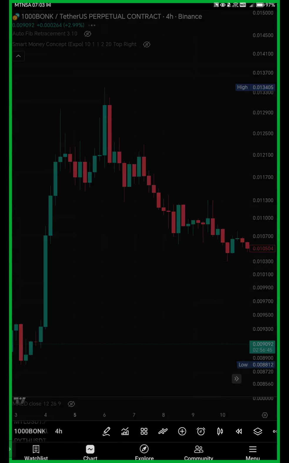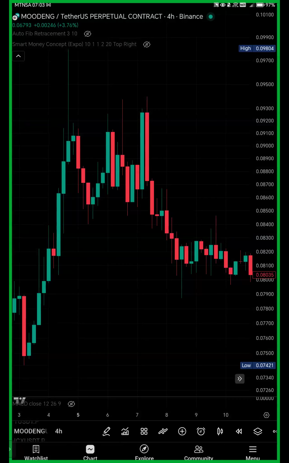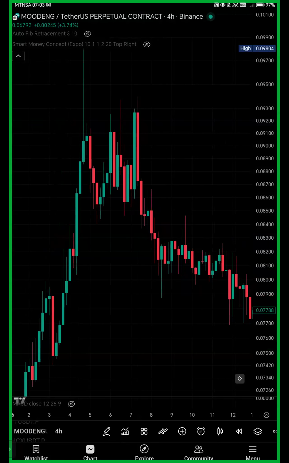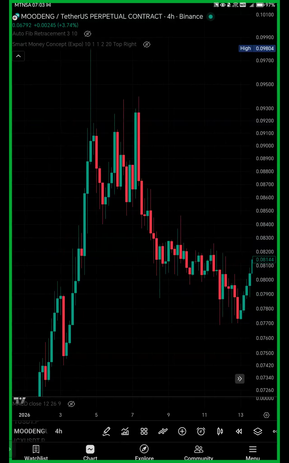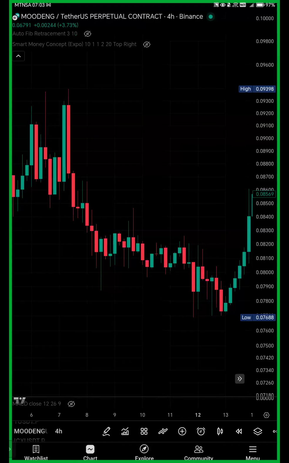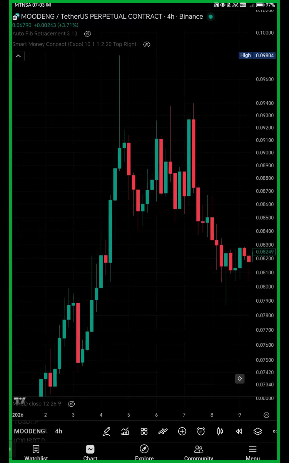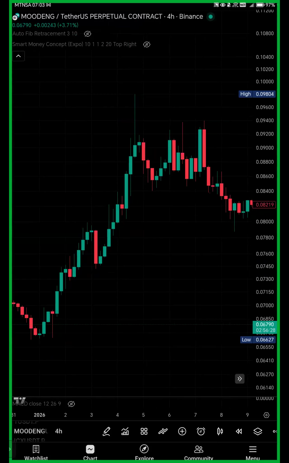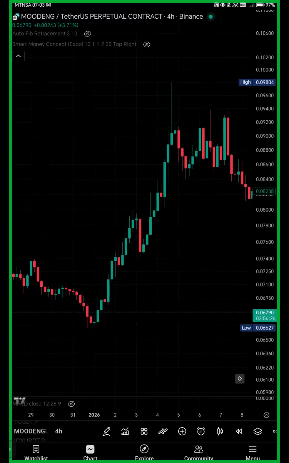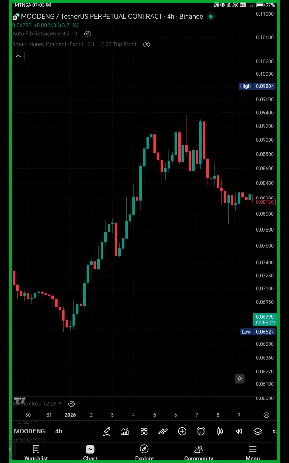But what I was trying to explain to you was the significance of shadows, as you can see here. Okay, look here as well. When this asset went up here, this is another formation.